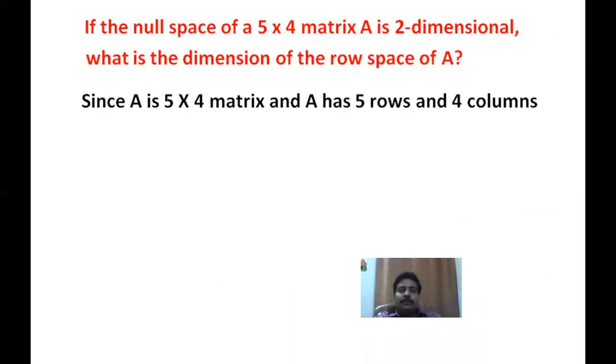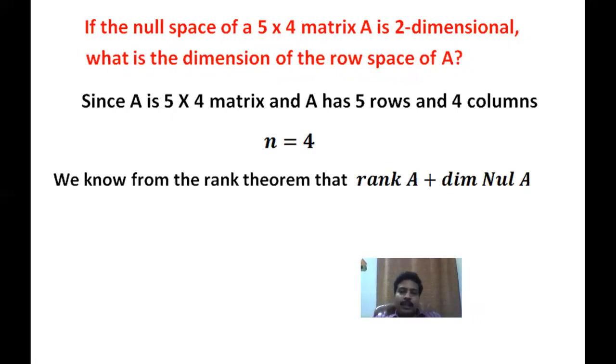So here, since A is a 5 by 4 matrix, A has 5 rows and 4 columns. So here n is 4. We know from the rank theorem that rank of A plus dimension of null A is equal to n.